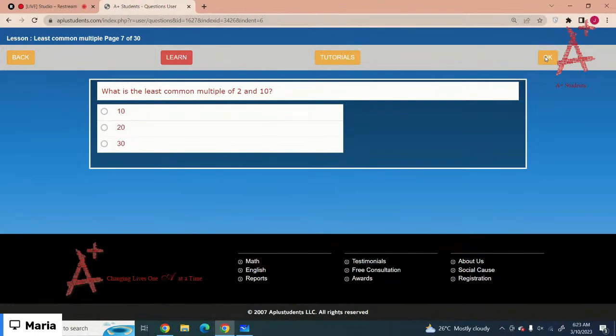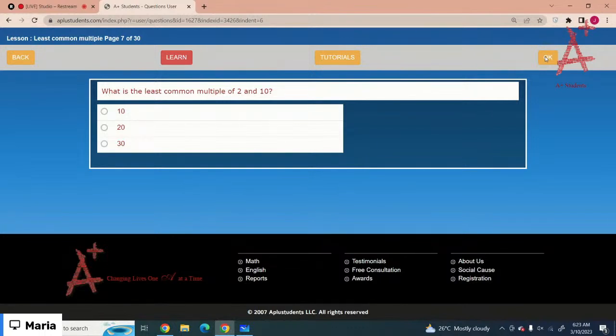But that is the case when both the numbers don't have any common factor, like 3 and 10 don't have any common factor. So you can simply multiply them to find their LCM. But if you are given 2 and 10, both the numbers have the common factor 2. Got it?